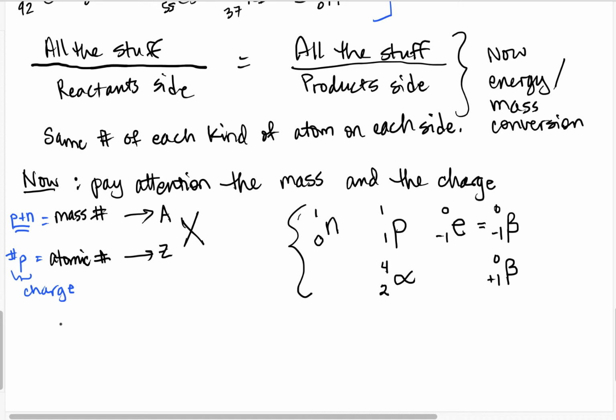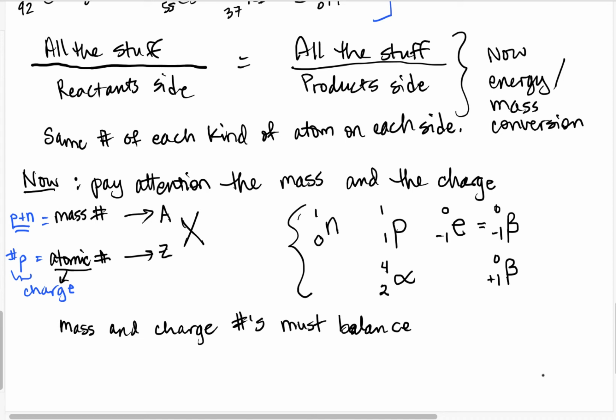So the key to balancing is that the mass numbers must balance, and the charge numbers, what used to be our atomic number, is now our charge number. They must balance on both sides of our reaction.